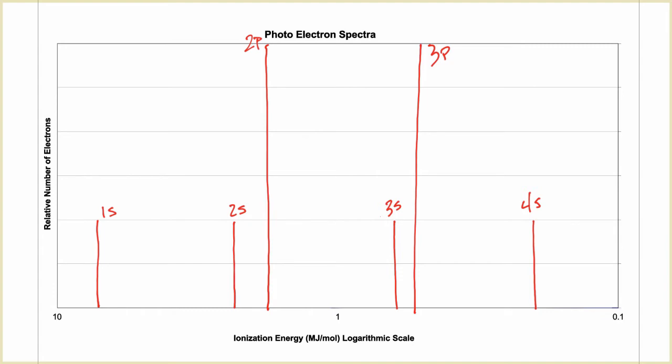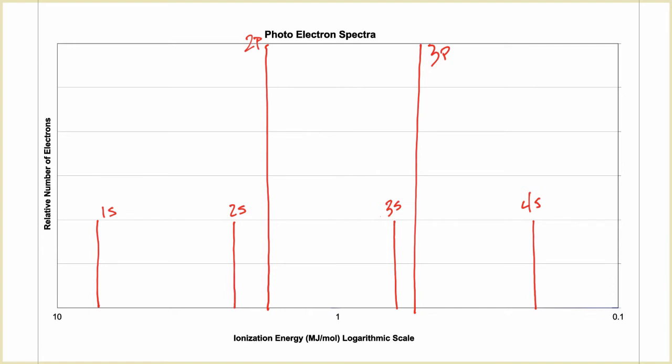But after the 1s comes what? Look at the board. 2s. Well, that's the 2s, right? What comes after 2s? 2p. This is the 2p. We've got 6 columns here because the p sublevel only holds 6 electrons. Everybody okay?